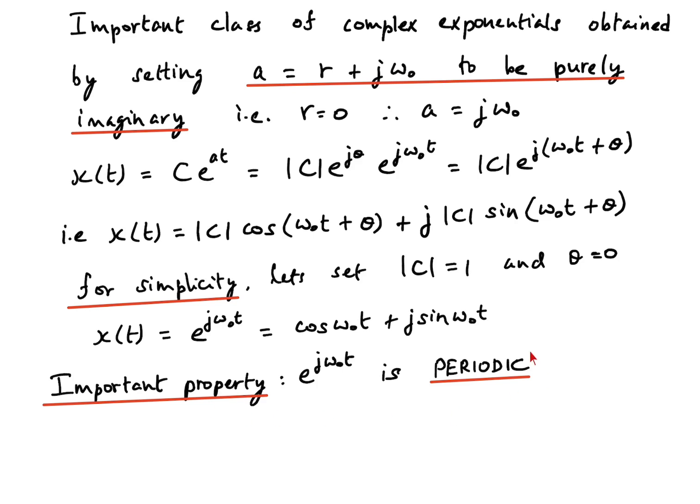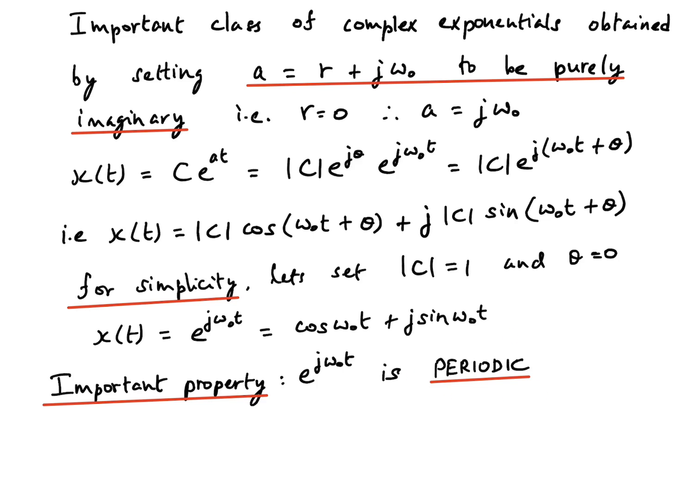So the important property here, when we have the parameter a in c e power at to be purely imaginary, is that we get a periodic signal. The real and imaginary parts, or just the complex exponential itself, is periodic.